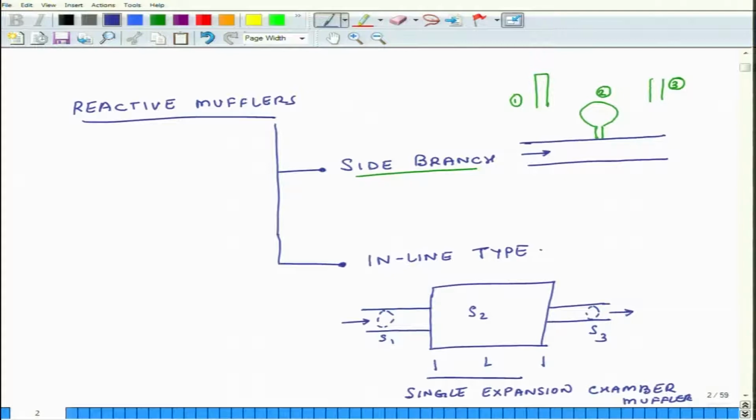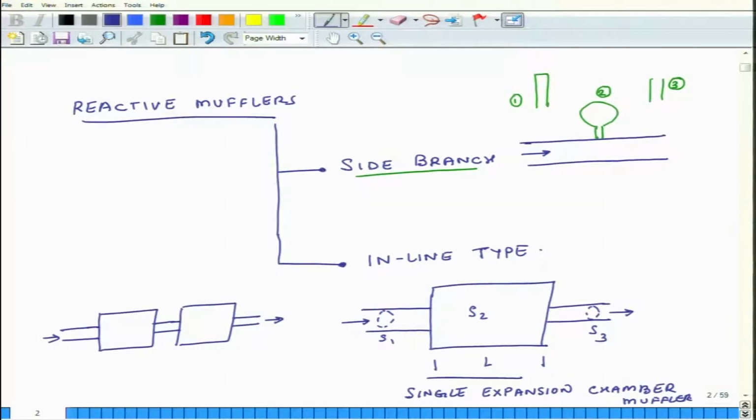So, what would a multiple expansion chamber look like? So, it would be something like this. So, this is my inlet, I have one chamber, then another exit for the first chamber, then I have another chamber and then the exit. So, this is my exit, this is my inlet. So, here because there are two chambers, this is known as double expansion muffler. The first one is single expansion chamber muffler, second one is double expansion chamber muffler.